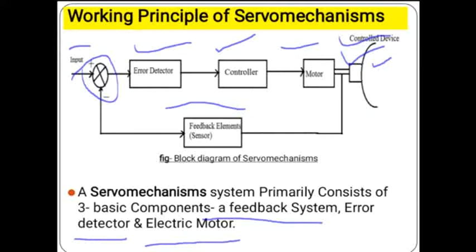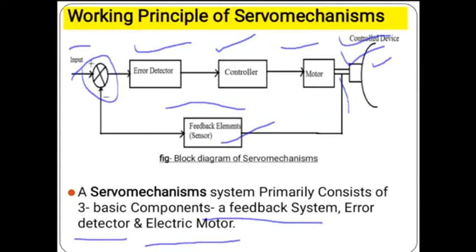Then this signal goes toward the feedback signal, or this is the position sensor. If we are using a DC motor here, then we can use a potentiometer, and if we are using an AC motor for a wide range of applications, then we can use an encoder.